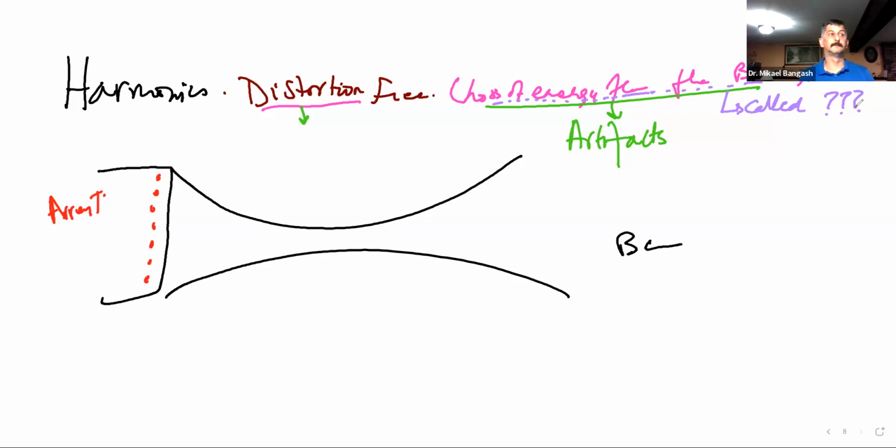Yes, ladies. If a beam loses energy, energy that is not in the main course of the beam, what do you call that? Is it the lobes?